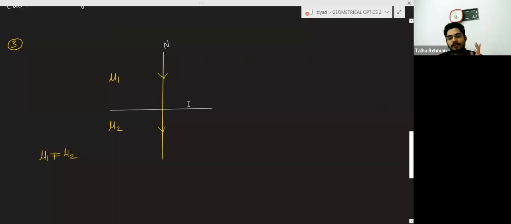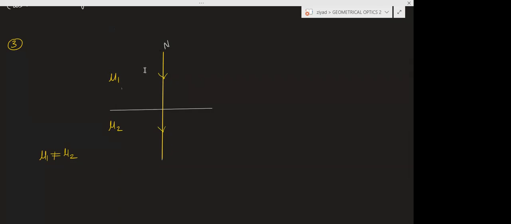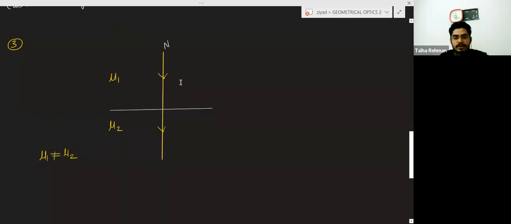The media are different, but the light ray is still not bending. This case you should remember. This is known as normal incidence. Why is it normal incidence? Because the light is moving along the normal, so there will be no bending.